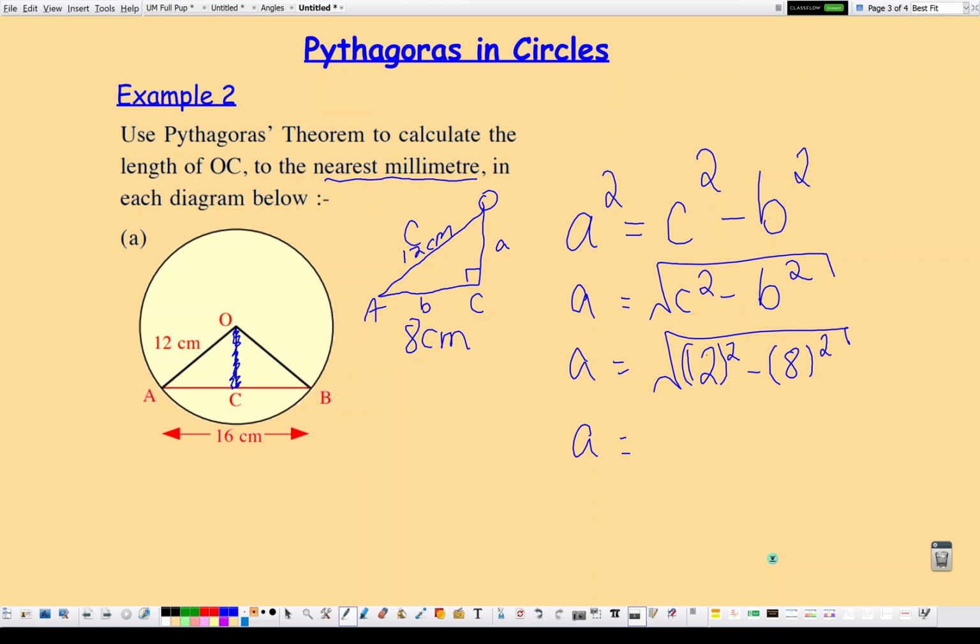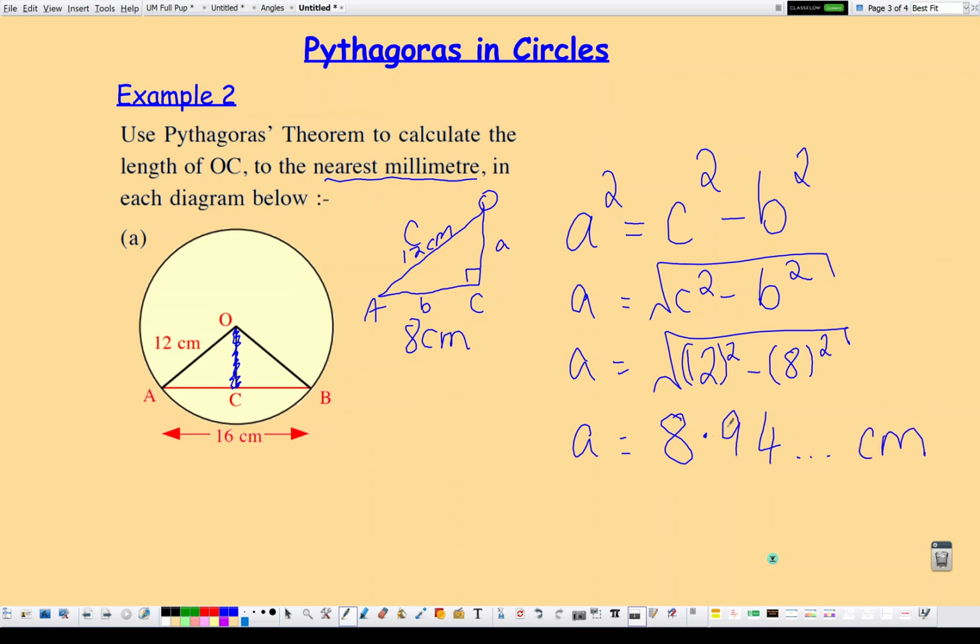Right, okay, so here's what you get out of your calculator. 8.94. Thank you to everyone who gave me that. What you all need to be careful of, though, is that that is not in millimeters. 8.94 is still centimeters.